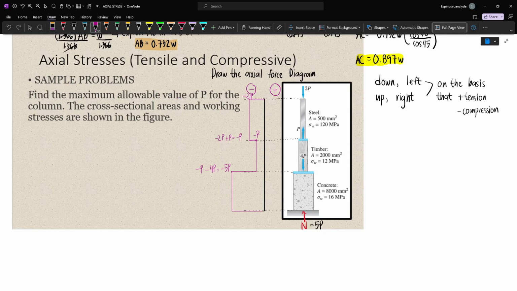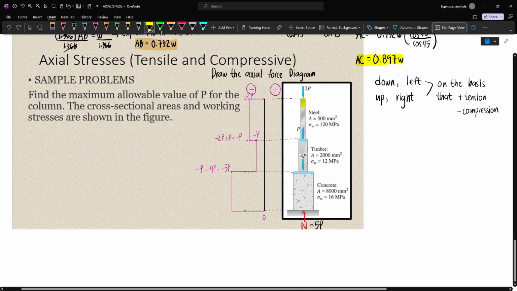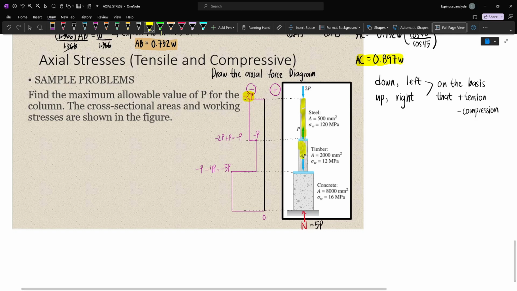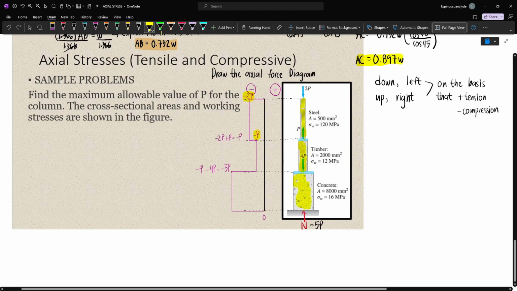Now, if you're drawing the axial force diagram and you will not end at 0, then that means that there's something wrong with either your drawing or your solution. That's how you can check. Now, what this diagram means is that the steel section carries a compressive force 2P because we have negative, and then the timber section carries a compressive force P, and then the concrete section carries a compressive force 5P.